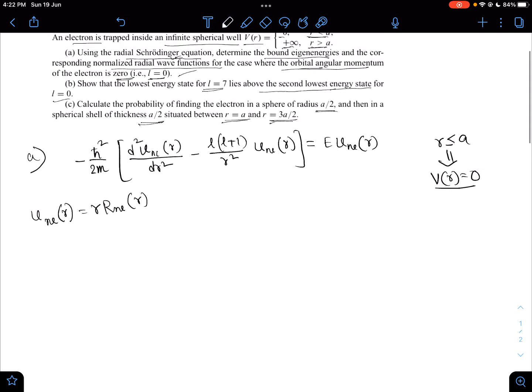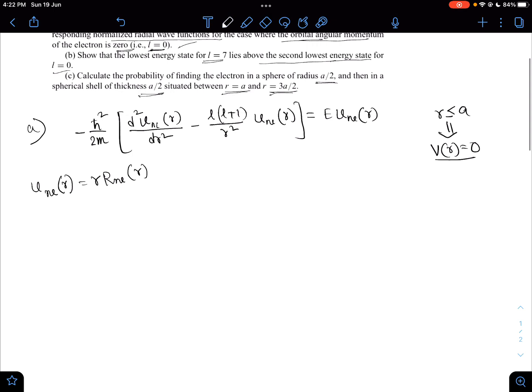We have to calculate when our orbital angular momentum is 0. That means L equal to 0.